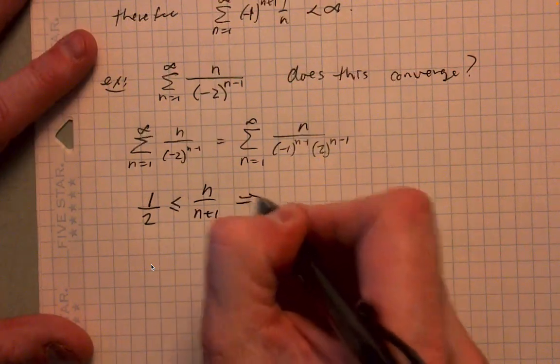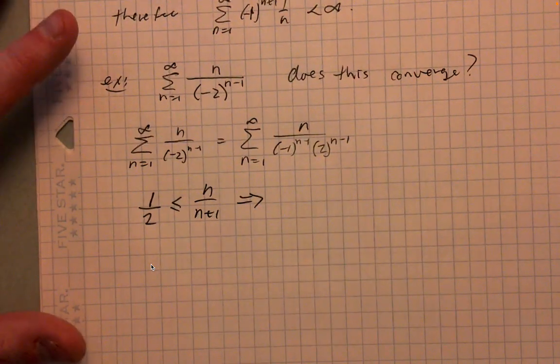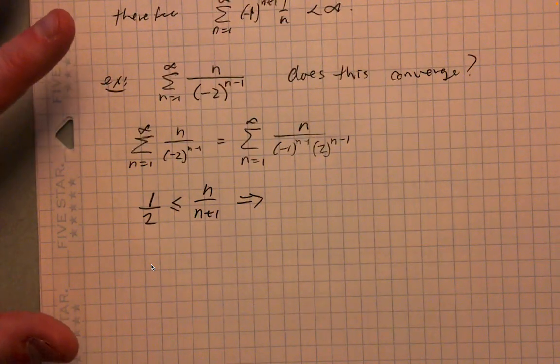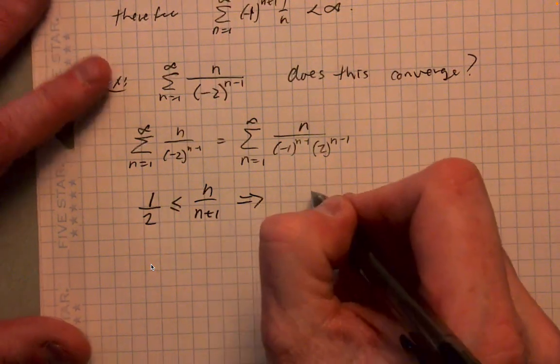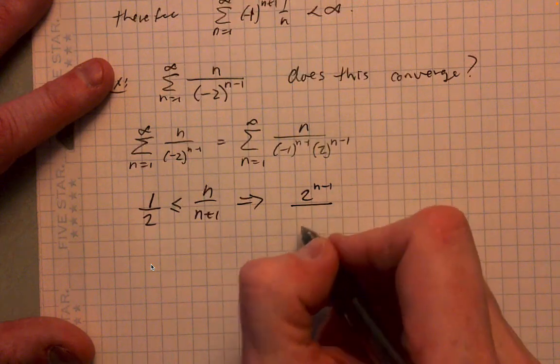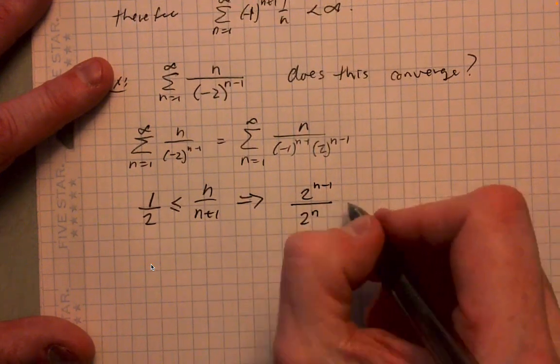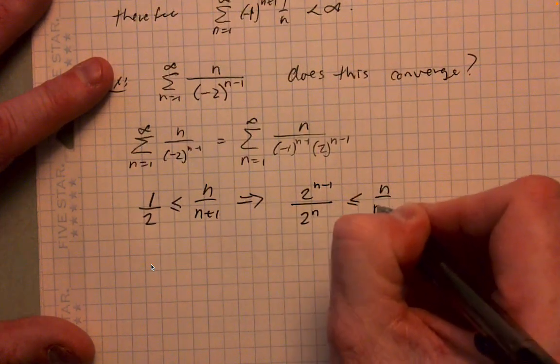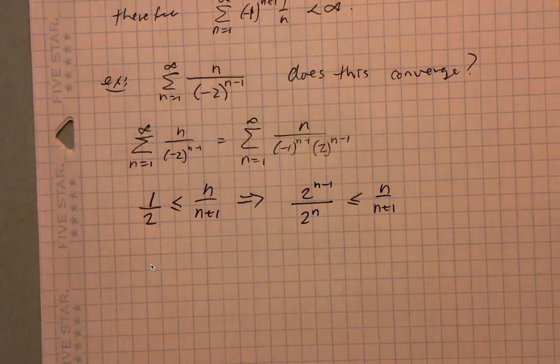Okay. And what we can do then is write it like this, right? It's going to imply that 2 to the n minus 1 over 2 to the n is going to be less than or equal to n over n plus 1 for all n, right? So all we're doing is exponentiating appropriately. Okay.